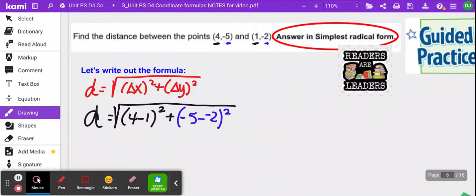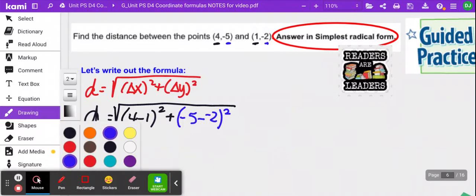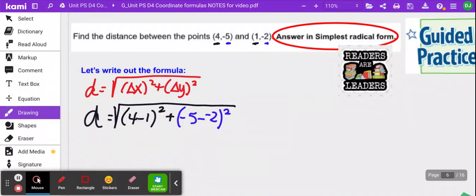When I put this in my calculator, what I don't want to do is put the square root in, because if you put the square root in, then you're going to get a decimal. And this one is asking for simplest radical form. So all you want to do is make sure your computation under your radical is correct. I think I can do 4 minus 1 in my head. 4 minus 1 is 3.